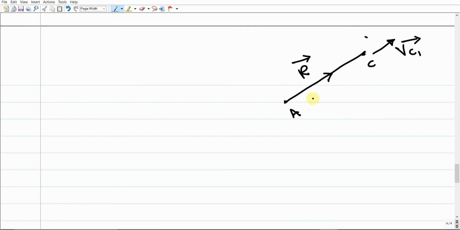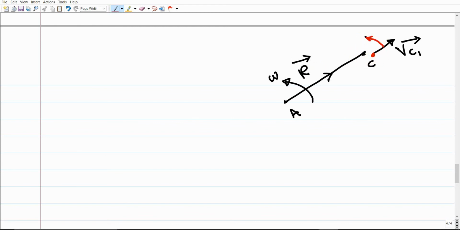Another example here to demonstrate this point. How about if we have this position vector, and this is point A, and this is point C, and we have VC for some reason going up, and omega goes in this direction. From the start point of the VC direction, you just rotate 90 degrees in the same direction as omega.